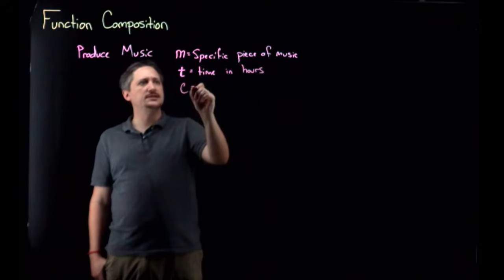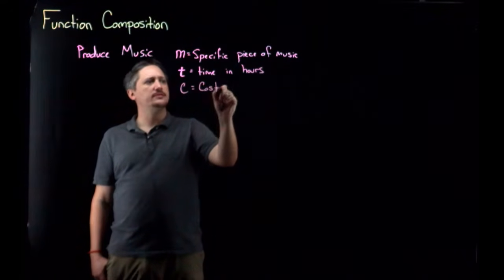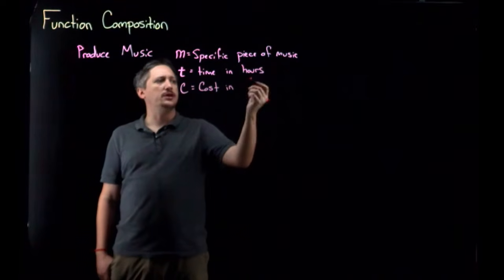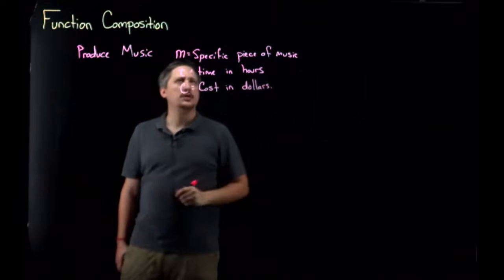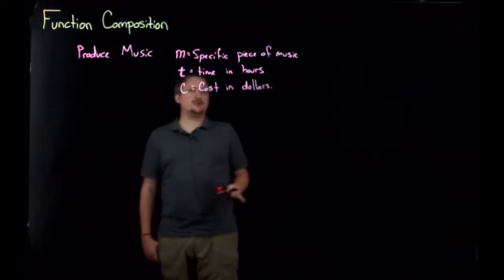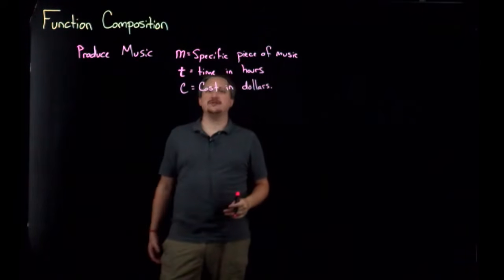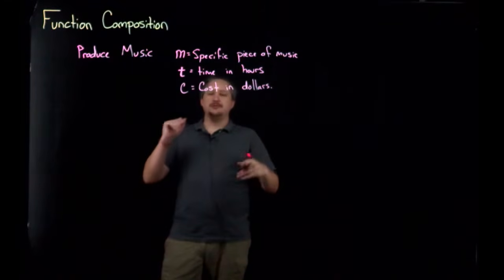And let's say C is the cost in dollars. And keeping in mind, I know nothing about actual costs of these things, so I'm going to purely make up numbers here.